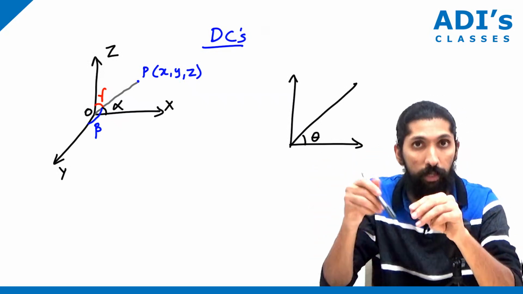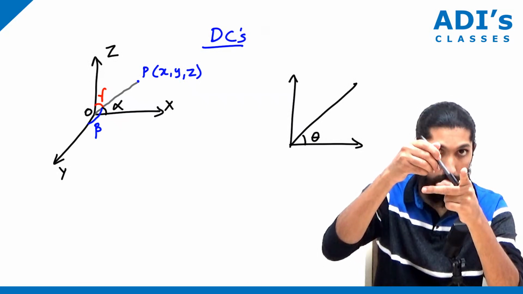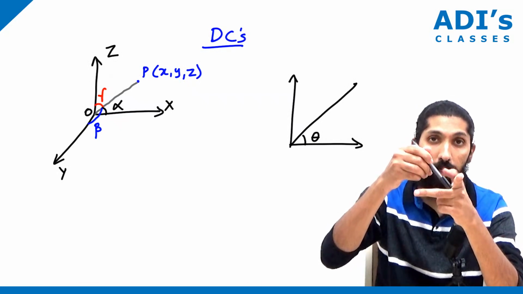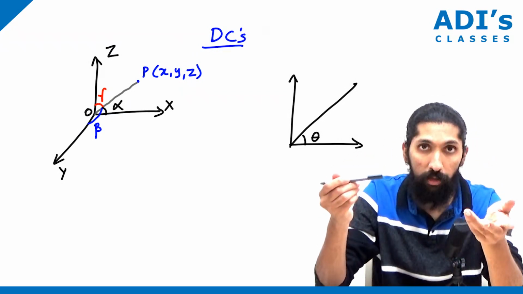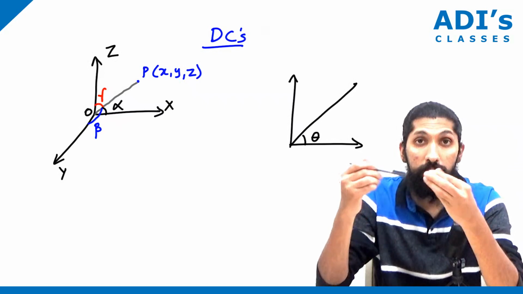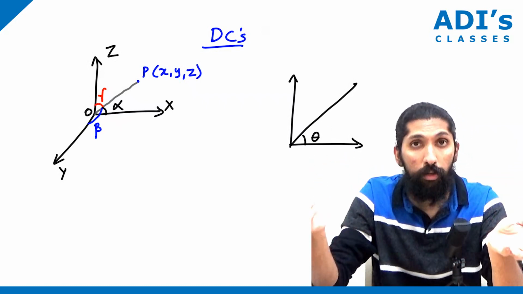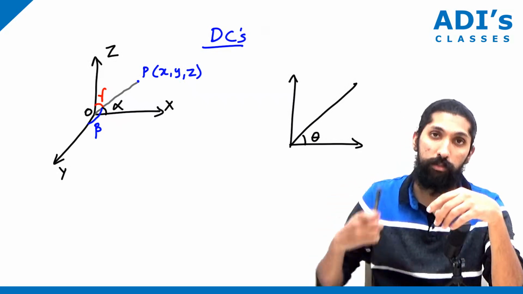Why do we take cosine itself? Because if this is my vector, this is going to be the x coordinate, or in other words, this particular component is going to be the adjacent component of the vector. And adjacent is always given by what? Cosine. That's why we call this a direction cosine.